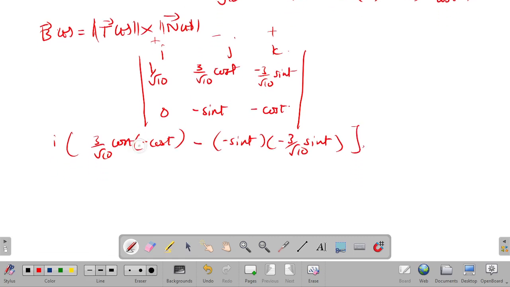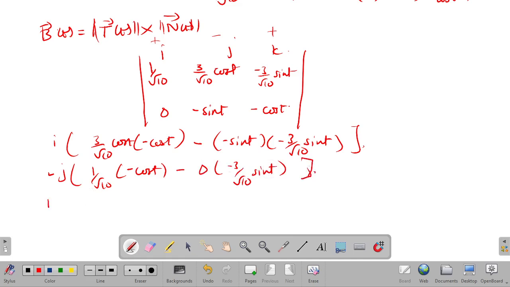Then for the j part, you have negative j by convention. Nullifying this row and column, we have 1 over square root of 10 multiplying negative cos t, minus 0 times 3 over root 10 sine t.